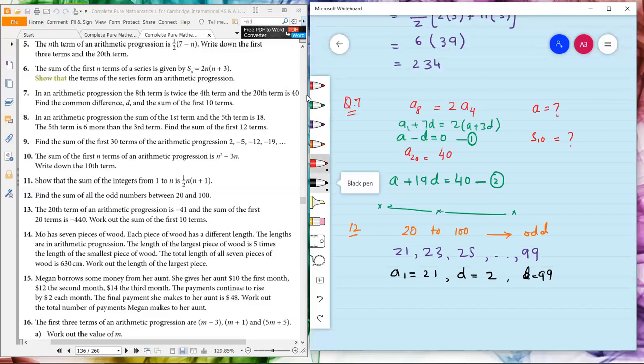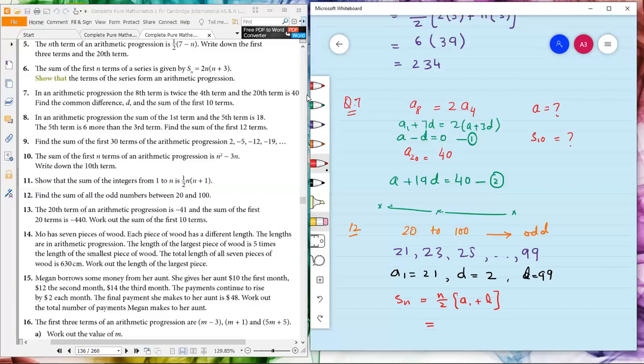There is a formula for the sum in which we write Sn is equal to n over 2, A plus L. First we have to calculate the value of n because we don't know the value of n.